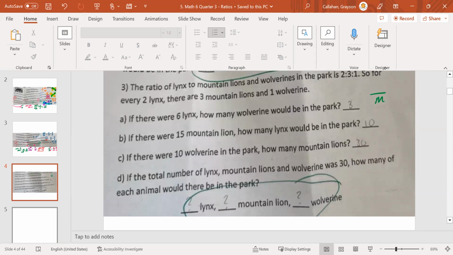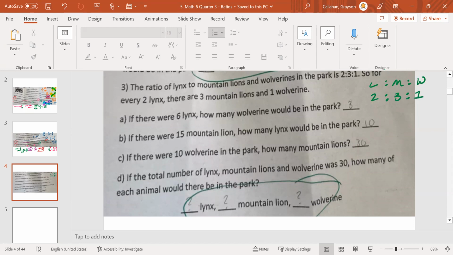Okay, so now we can't do this. With a fraction, you only have 2 things, right? But now you have 3 things. So lynx to mountain lions to wolverines is 2 to 3 to 1, right?